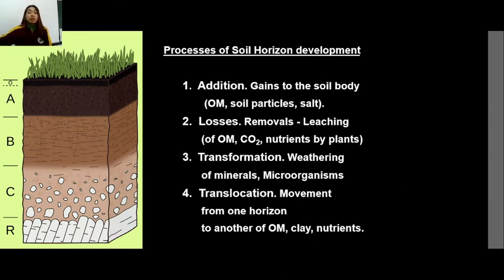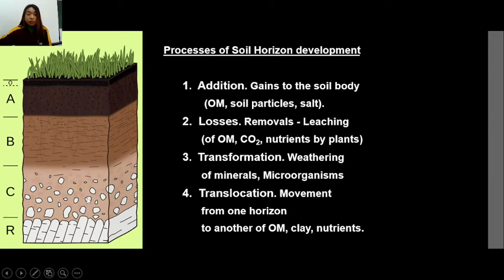Okay? And then these are some processes of soil horizon development. We have the addition, usually from the litters of organic materials that would be gained by the soil body. And then, of course, yung loss or removals, example is leaching. Okay? Leaching of organic matter, carbon dioxide, or nutrients by plants or by percolating water. And then transformation, okay, yung weathering, example here, from bedrock to horizon C, there is weathering.